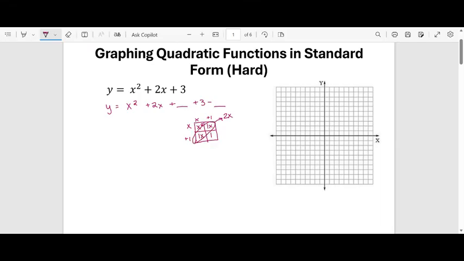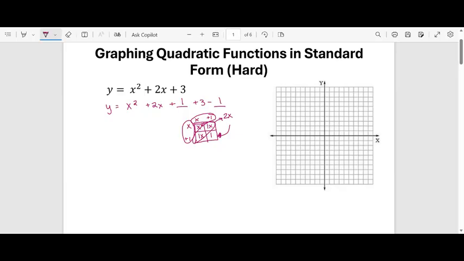And the goal with completing the square is to get the side and the top to be identical, okay? So we are going to need to add the number 1 into our blanks, okay? So it's going to go in the first blank, we're adding it. And if we add 1 to this equation, we also need to subtract 1 to keep it balanced.